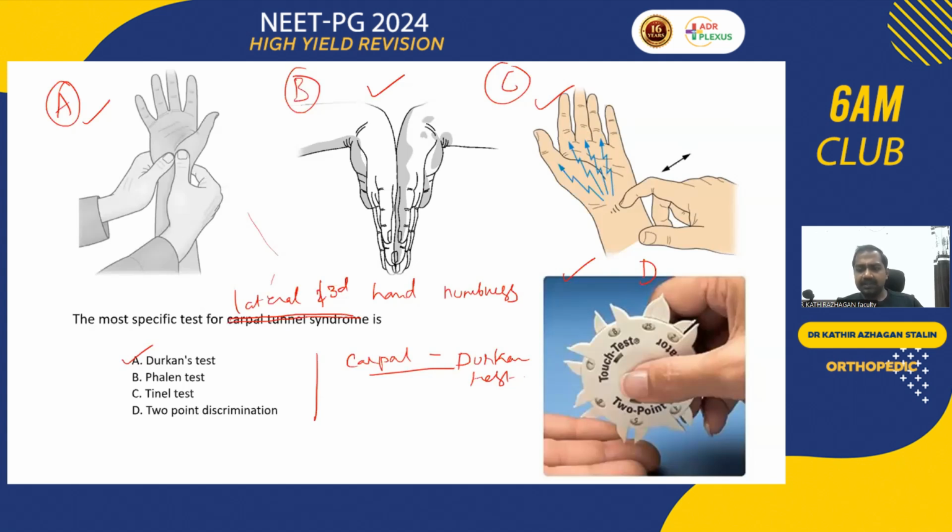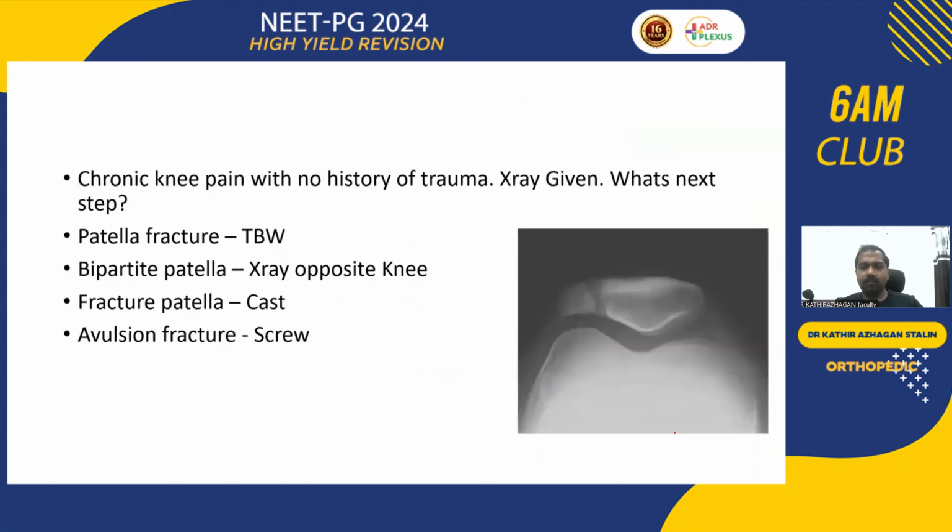Prasanna. A is Durkheim test, B is Phalen test, C is Tinel test, D is 2-point discrimination test. Are you clear, Prasanna? Okay. Try to answer this question.